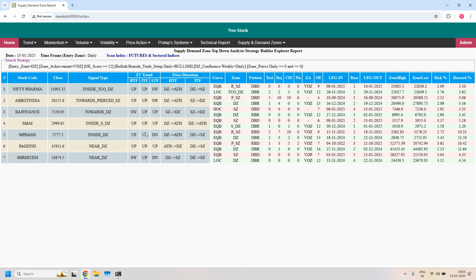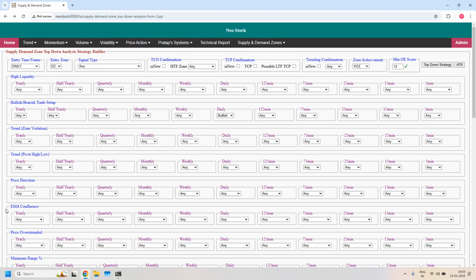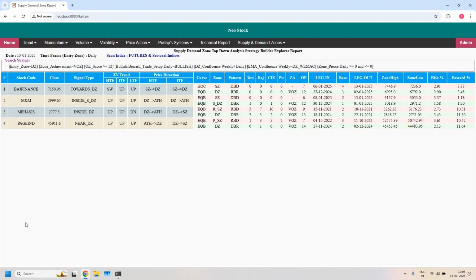And weekly trend is up in all these stocks. So if those weekly zones are having weekly EMA confluence, they are even more high probability trade setup supported stocks. So in the EMA confluence, weekly time frame, because the daily zone is part of the weekly zone. That's why we are looking for weekly demand zone having weekly EMA confluence. With this filter, we got 4 stocks. These 4 are even more high probability trade setup daily demand zones.